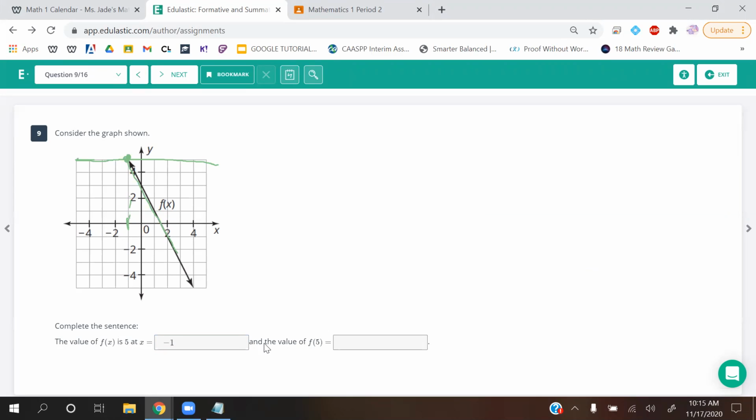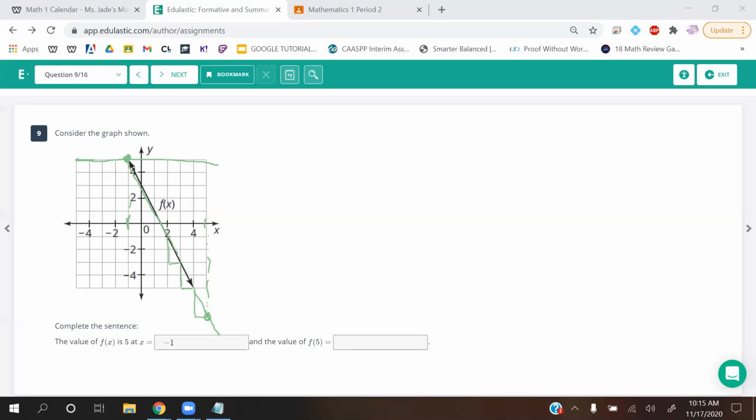And then we also want to figure out the value of f of 5. Let me go annotate again. f of 5 is when our x value is 5. So where will our graph be over here? If we were to continue this graph, we know that it goes down 2 and right 1, down 2, right 1 always. So over here we would go down 2 and right 1, and this is where we would be.